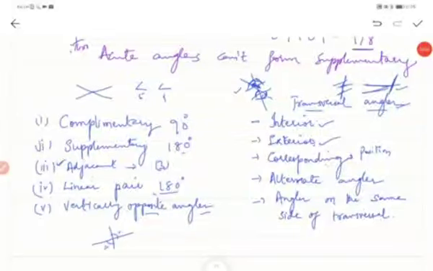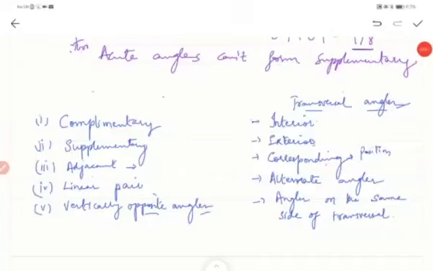Before we end this video, I would just revise the different angles we've studied. We have studied complementary and supplementary angles: complementary is 90 degrees, supplementary is 180 degrees. Adjacent angles need three points to be fulfilled.